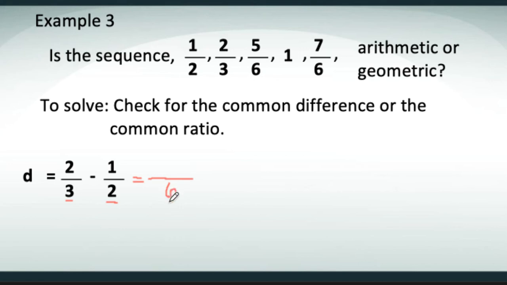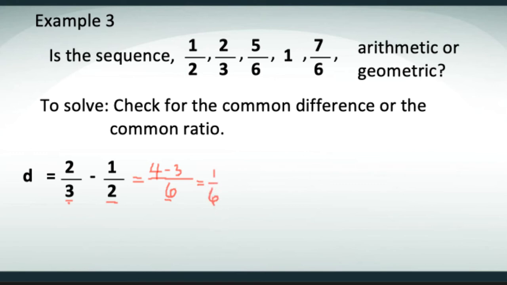Then let's find both numerators by dividing the LCD by its denominator and multiplying by its numerator. So 6 divided by 3 is 2, times 2 is 4. Then 6 divided by 2 is 3, times 1 is equal to 3. Then we subtract both numerators, so we get 1 over 6.